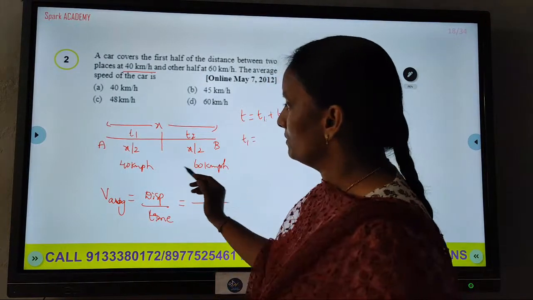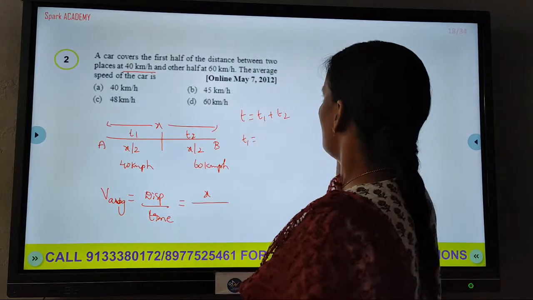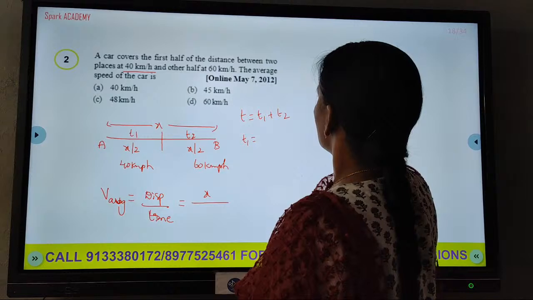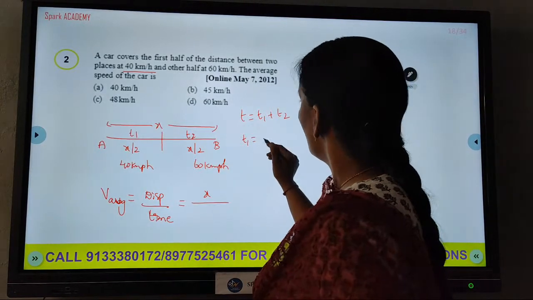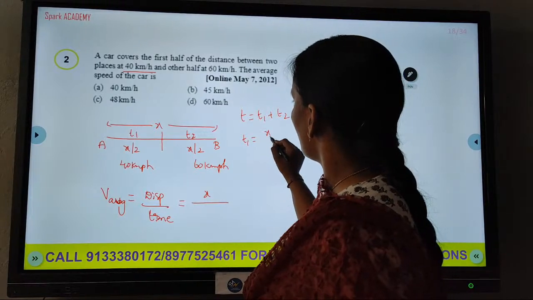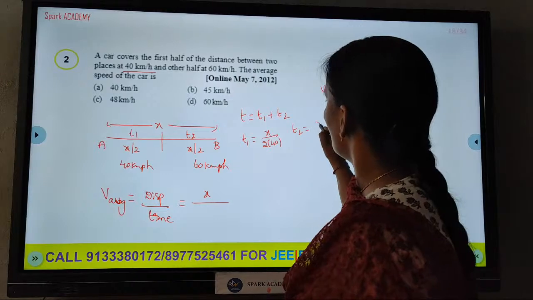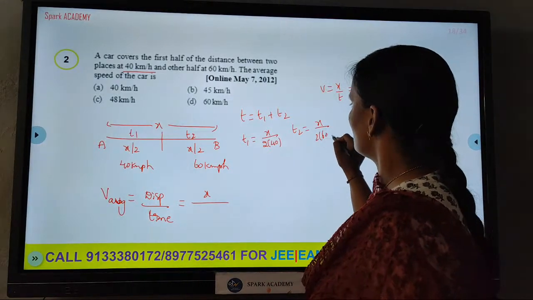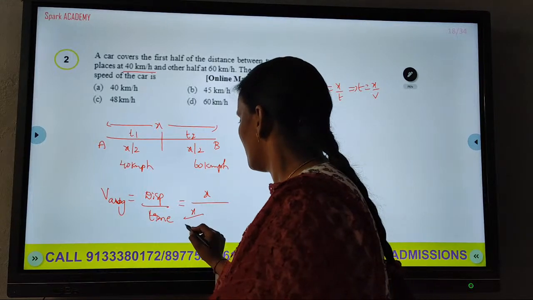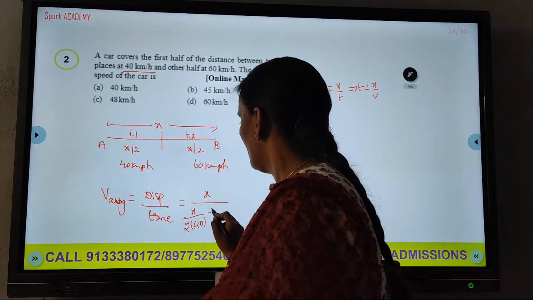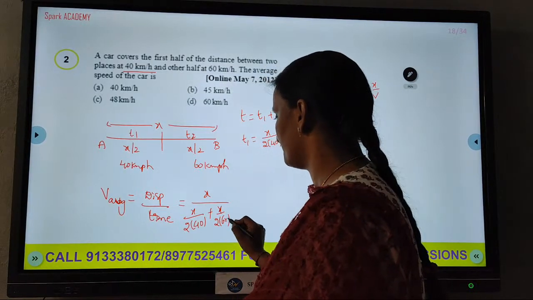t1 is equal to, we are given the distance and the speed. So we can write v is equal to x by t. From this t will be equal to x by v. So t1 is x by 2 into 40, and t2 will be x by 2 into 60. So here total time taken, we can write it as x by 2 into 40 plus x by 2 into 60.